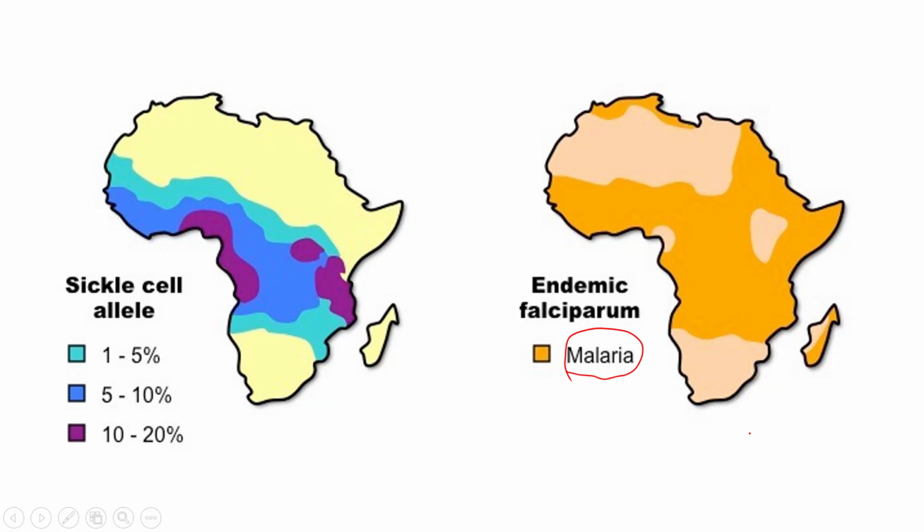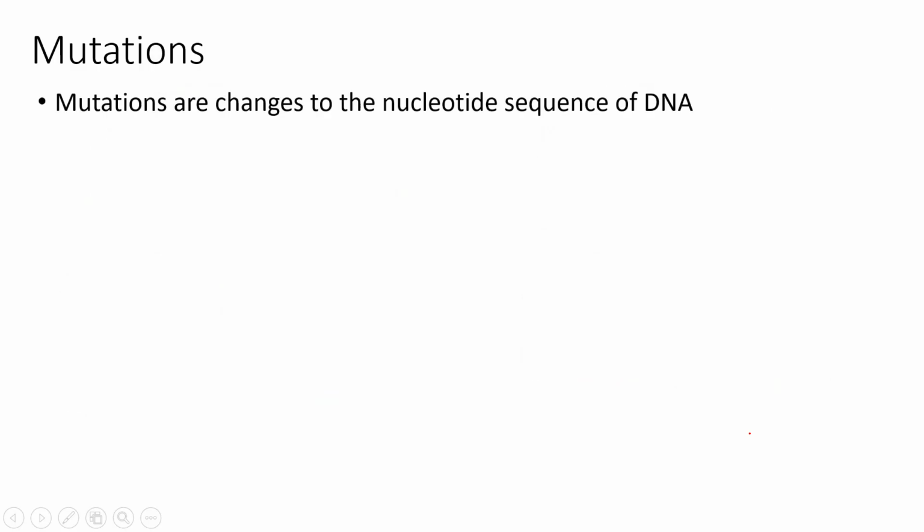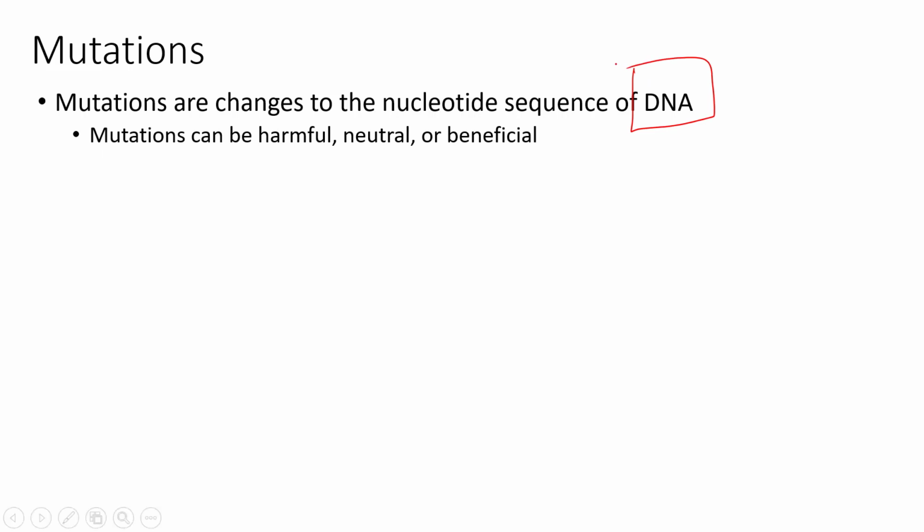So this is an evolutionary concept because many of these changes in our DNA actually create new proteins that have a protective advantage. It's not always going to be a harmful situation. So we've learned in this video that mutations are changes to the nucleotide sequence of DNA. And if you understand the central dogma, you understand that DNA is used to create proteins, so those proteins do get affected by the DNA sequence.